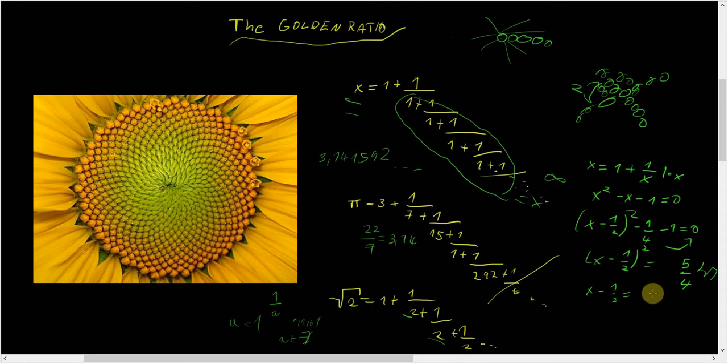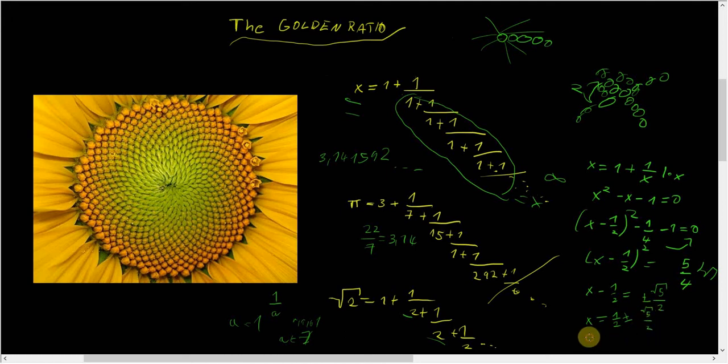We can write that as the square root of 5 over the square root of 4, which is 2. Since this is a non-equivalent operation, I have to put this in absolute value, so plus or minus square root of 5 over 2. I'll throw this to the other side and we get our wonderful number, which is 1/2 plus or minus the square root of 5 over 2.